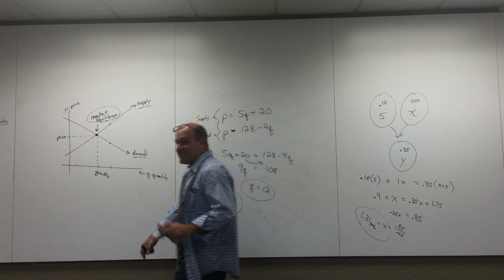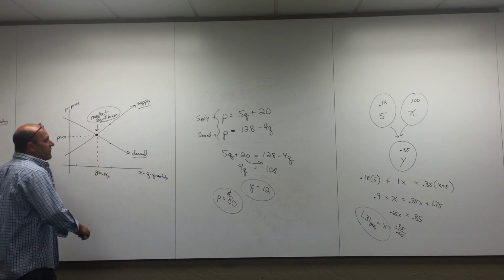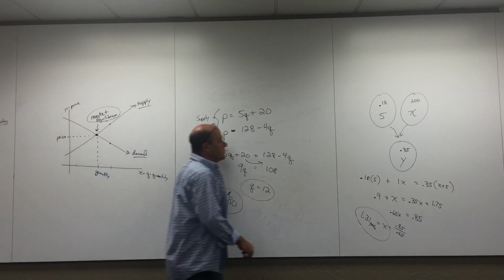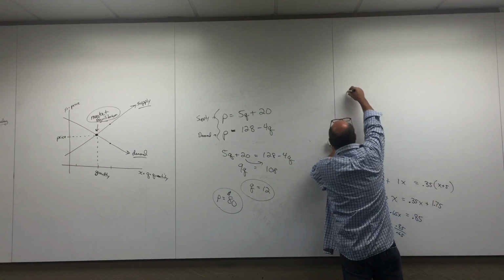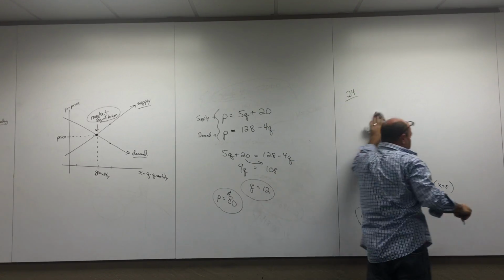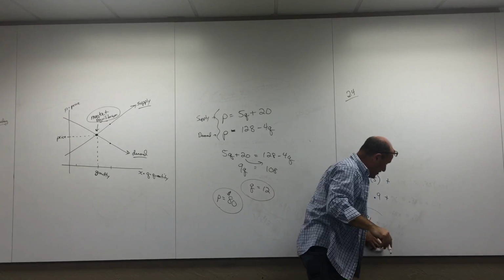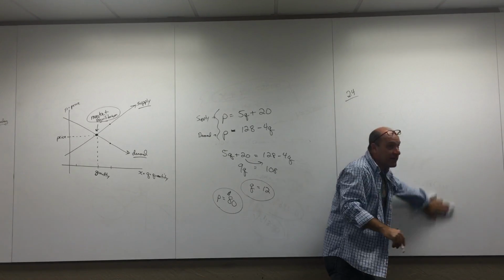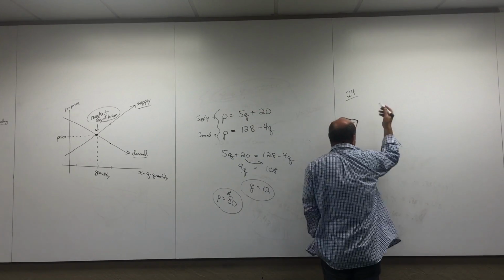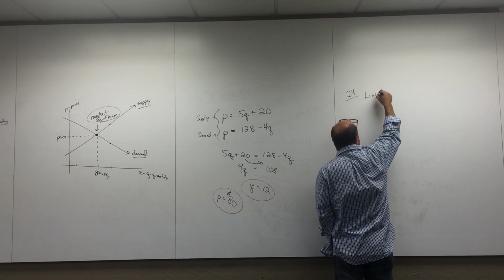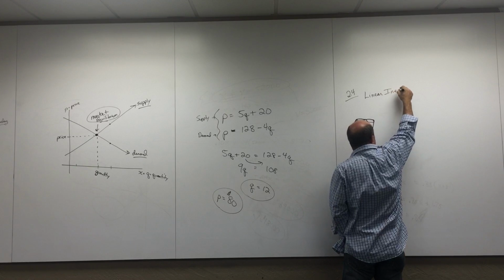I want to take this last little 10 minutes and move into 2.4, which is what ends this chapter. There's some real easy stuff here. It's linear inequalities.